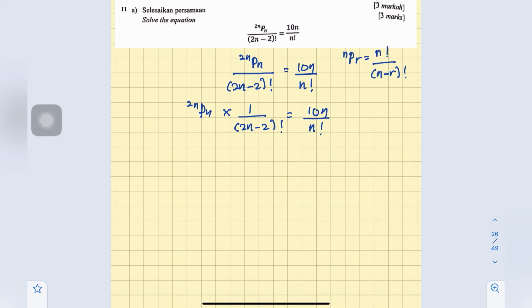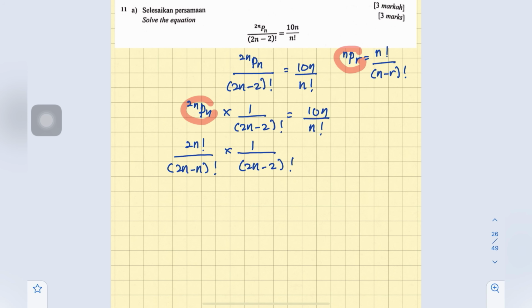From the formula, 2n Pn is 2n factorial over 2n minus n factorial, times 1 over 2n minus 2 factorial, equals 10n over n factorial.